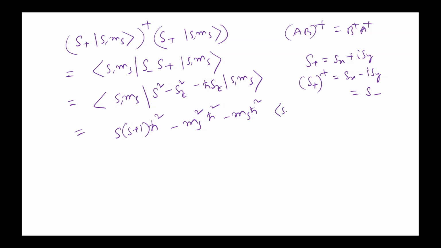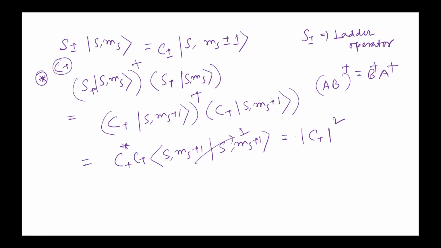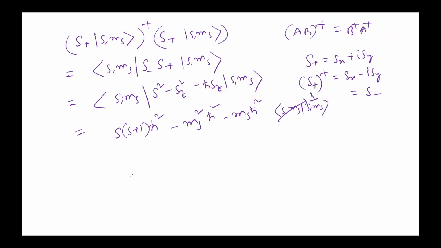And <S, ms|S, ms> is normalized to 1. So here we got mod C plus square, and the same function is giving you this value.